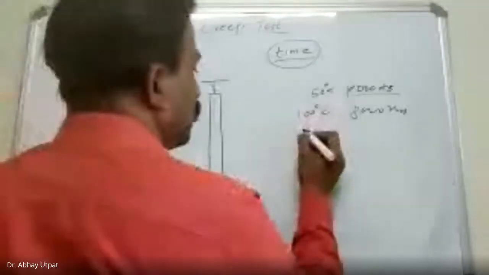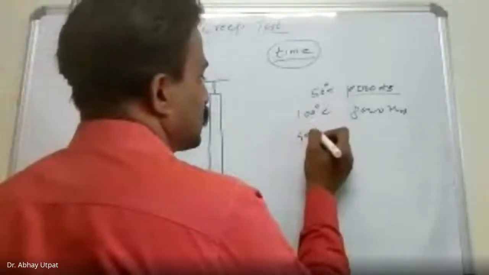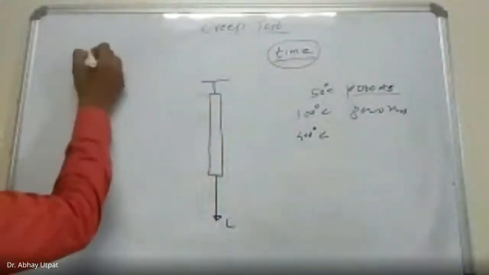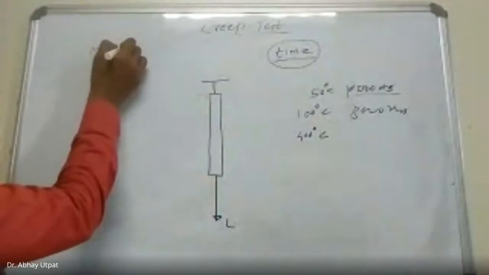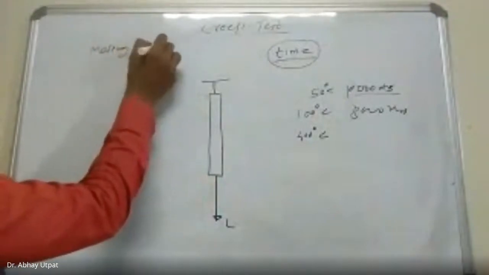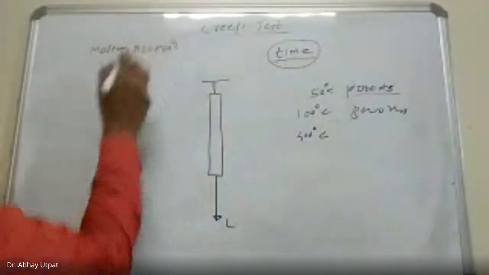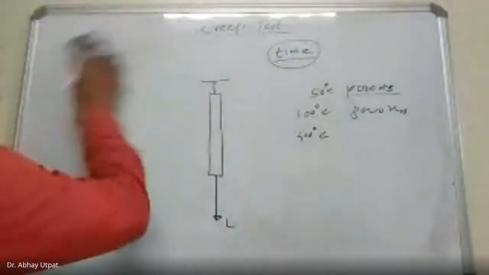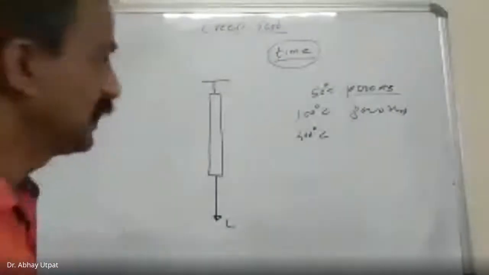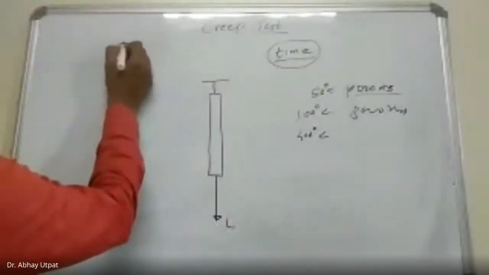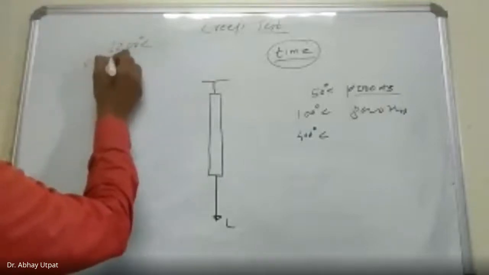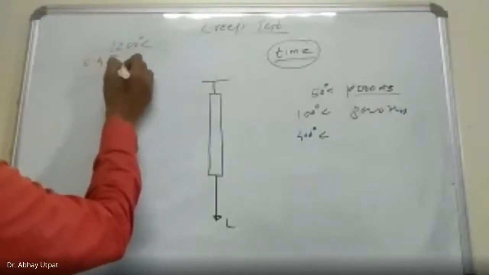Now I select, suppose, 400 degrees Celsius. Suppose the melting point of this bar is 1000. Or let us take steel. Low carbon steel melting point is around 1200 degrees Celsius. Then what is 0.4 TMP?